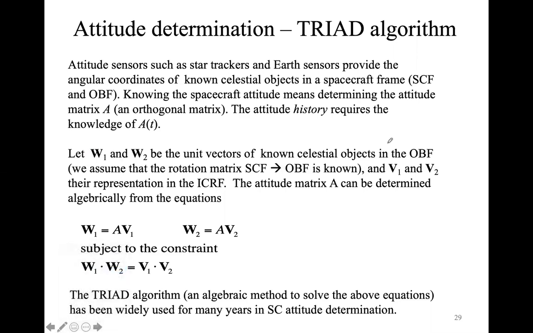So let's write down. For example, this is the body frame. As I told you, we consider the body frame and the optical bench frame the same. So basically we are assuming that we need to pass from the inertial reference frame to the body frame. So let's assume that is the OBF, okay?